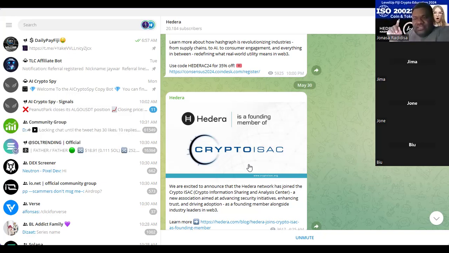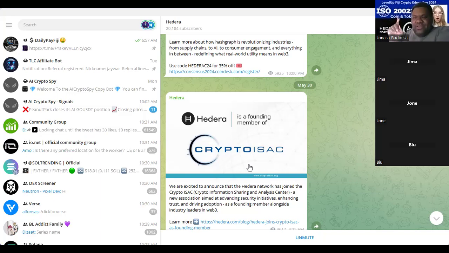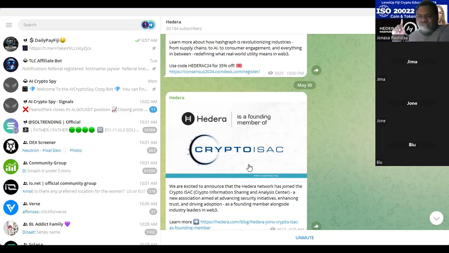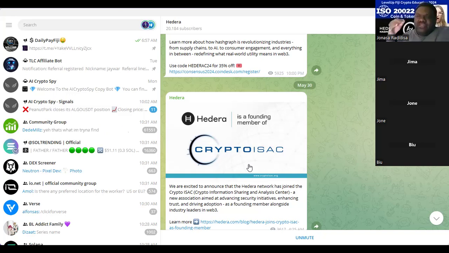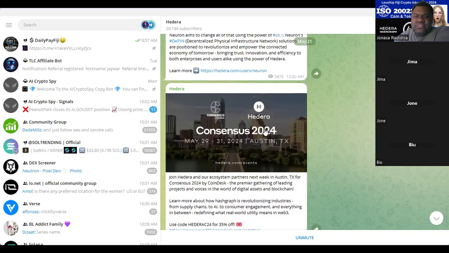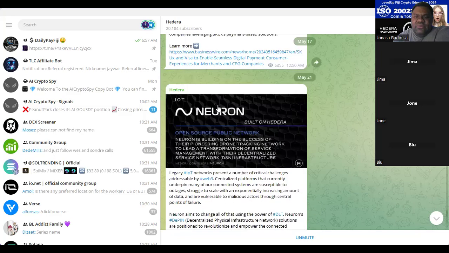That's why the ISO standard is important for institutions to use this crypto. So it has to be ISO 20022 standard compliant. Now, as you can see in the community, more and more institutions are partnering with Hedera. They're using the network because of what Hedera is doing for the blockchain. Verifying the transaction is very important.